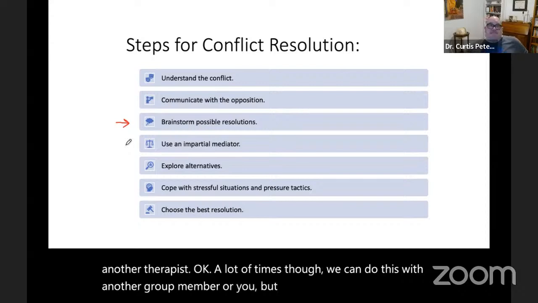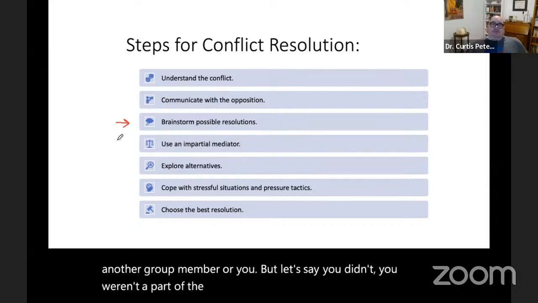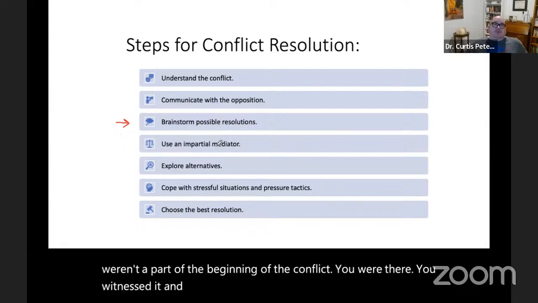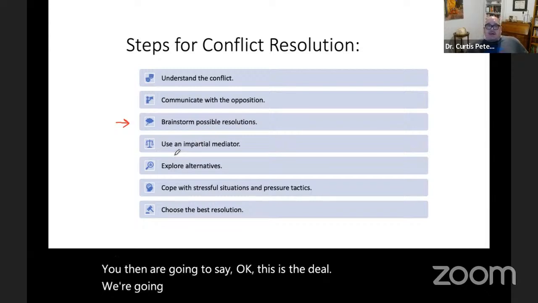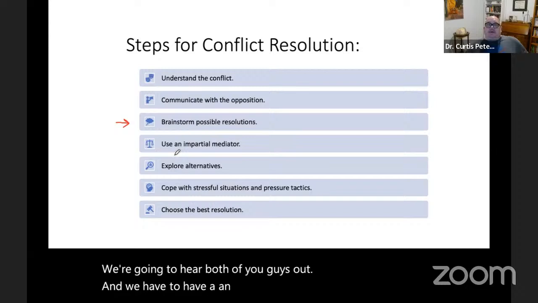But let's say you weren't a part of the beginning of the conflict, you were there, you witnessed it. And so you then are going to say, okay, this is the deal. We're going to hear both of you guys out, and we have to have an agreement that whatever decision is made will be agreed upon.